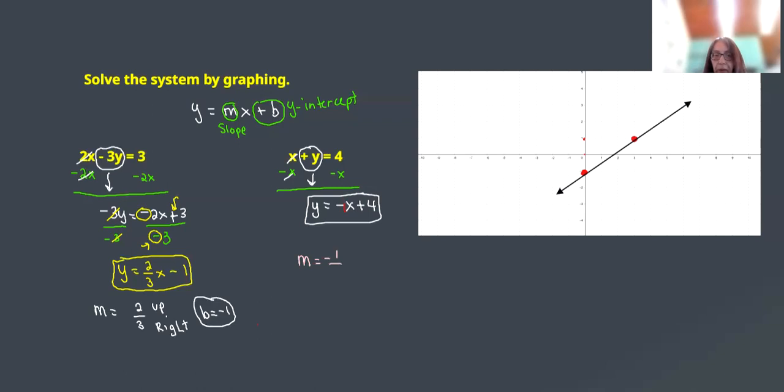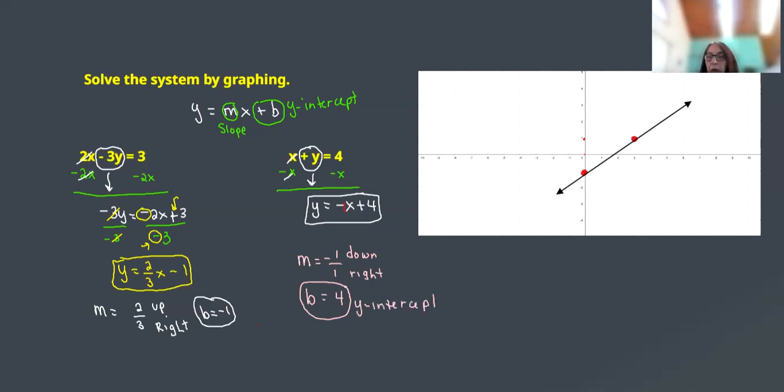And b is 4. Now, the slope is negative, so I'm going to go down and right. Again, you can go up and left if you prefer. And what does b tell us again? Where it's going to cross the y-axis, because it's the y-intercept.